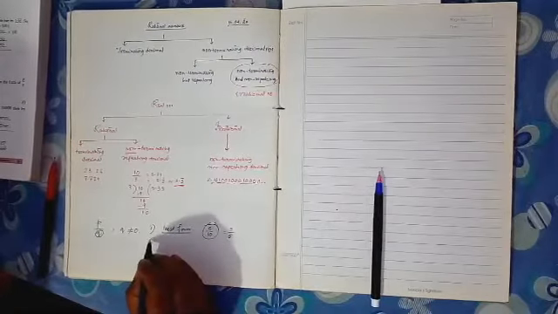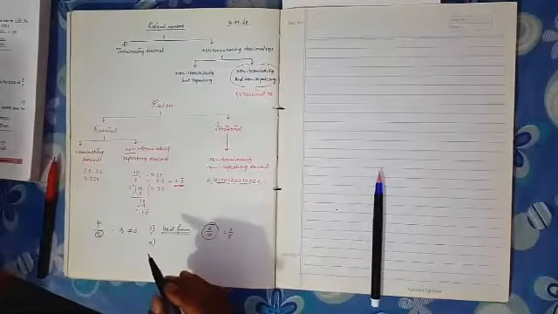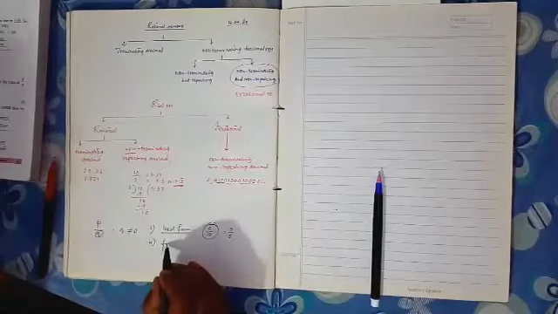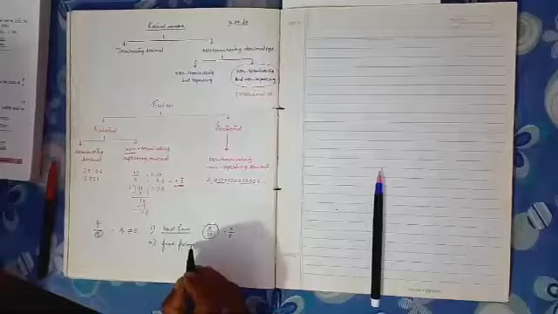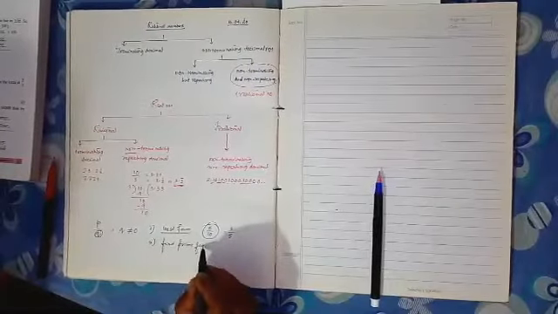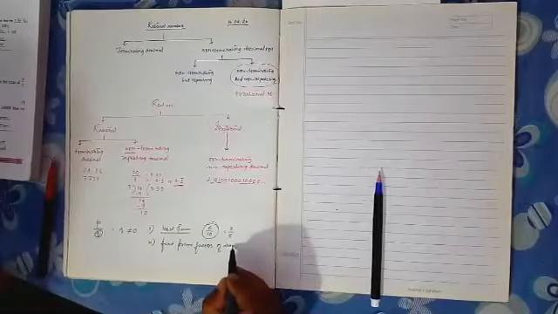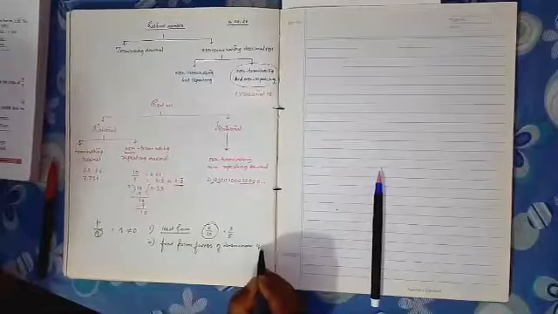Next, what you have to do? Number 2. Find the prime factorization of the denominator q.